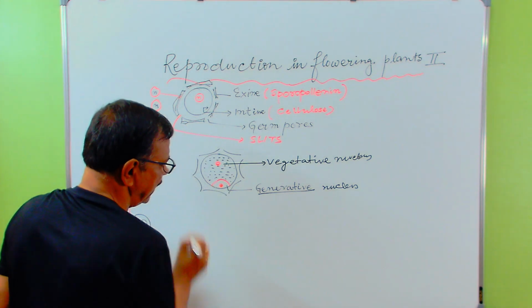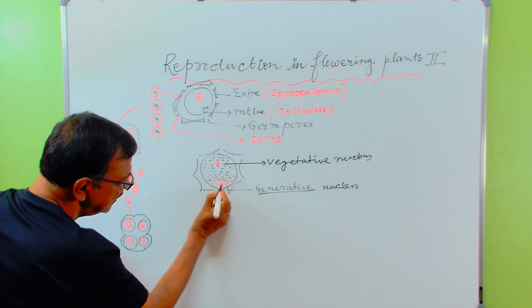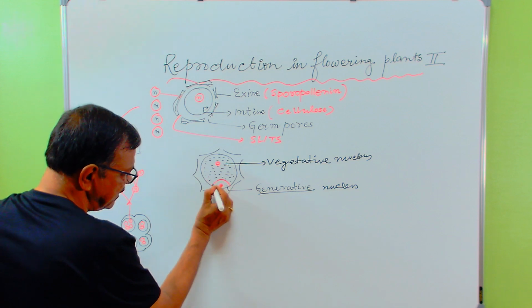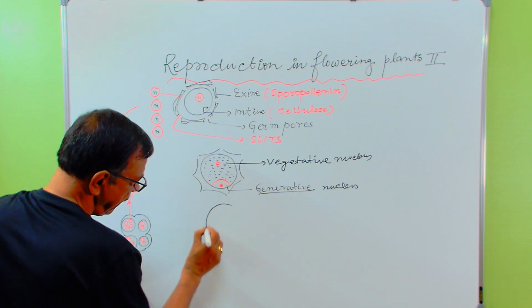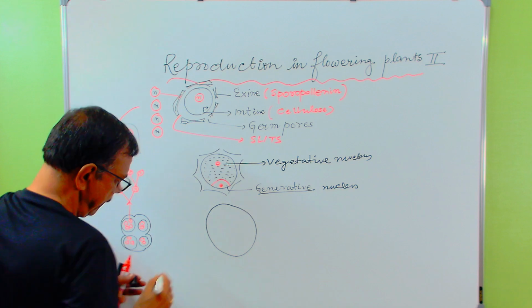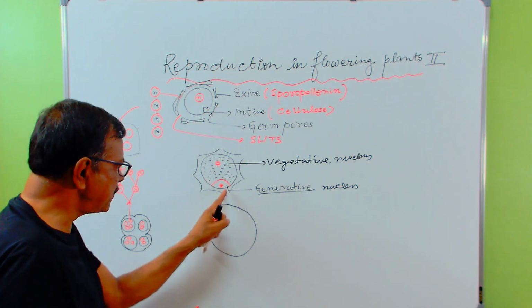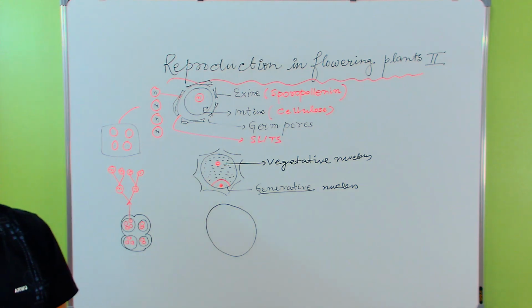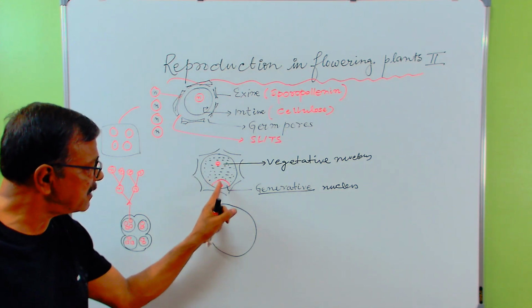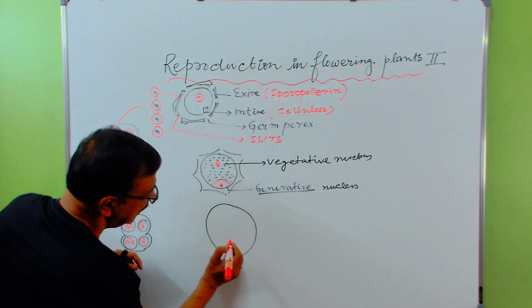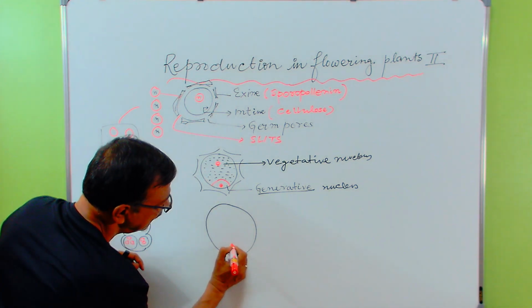Initially, this is a smaller one. This nucleus and this cell will soon detach from the cell wall, and it will be like a lens.